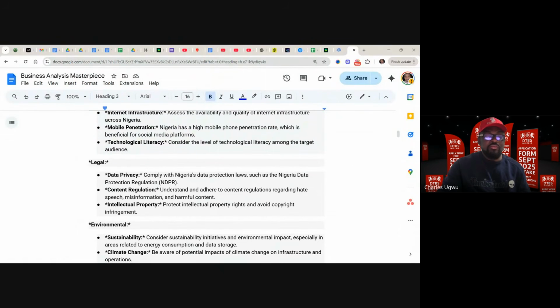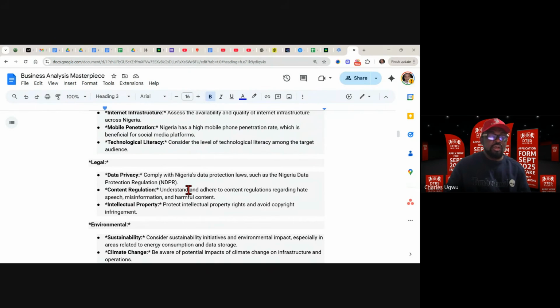Talk about data privacy, you must comply with Nigerian data protection law, such as the Nigerian Data Protection Regulation. There is equally the General Data Protection Regulation globally, but we're talking about Nigeria here.